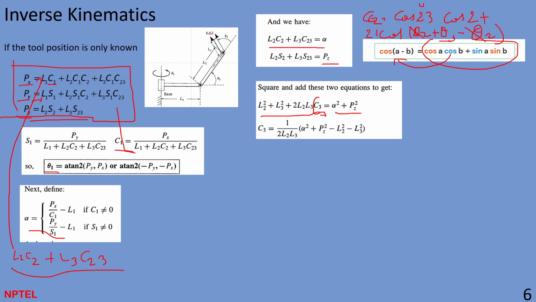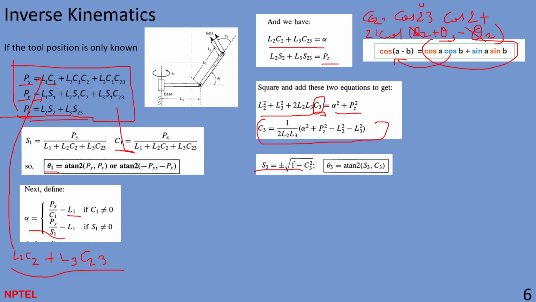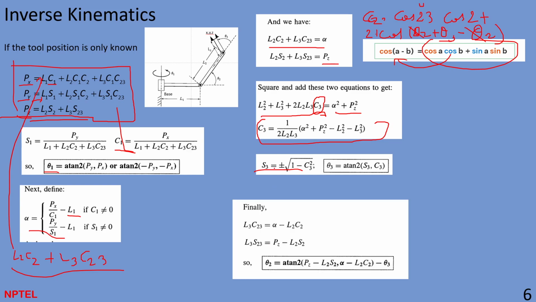Again, alpha, you know, alpha by c1, l1, you know, right? You will calculate, you get c3, then s3 will also be calculated. Using the sin square plus cos square equal to one formula, we know c3 and s3, get theta 3, and if you get theta 3, finally in this equation you will get theta 2.